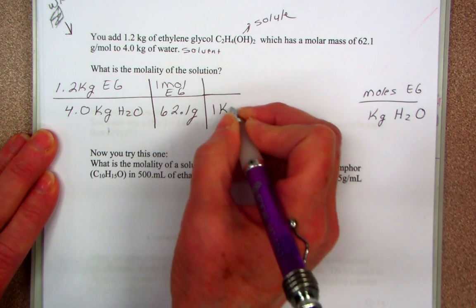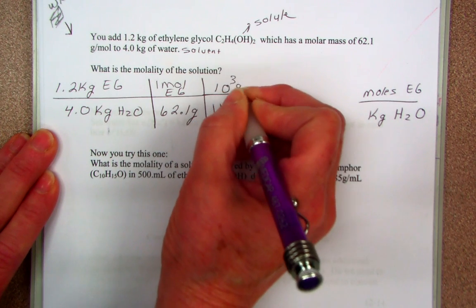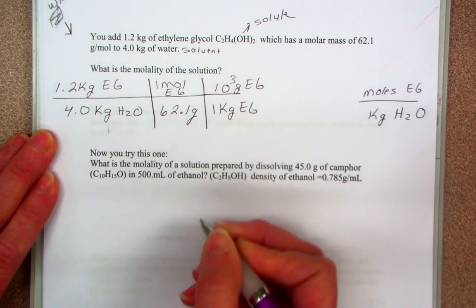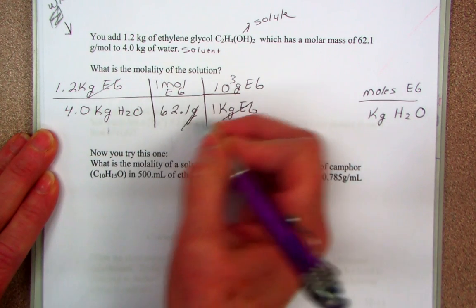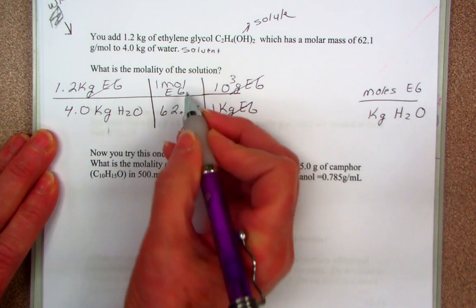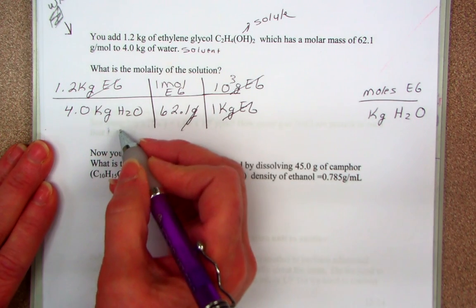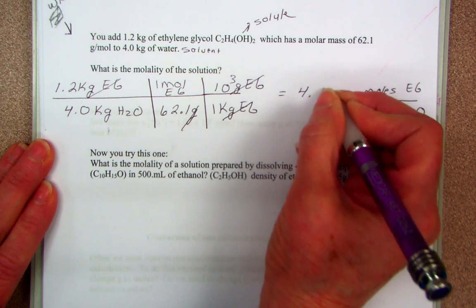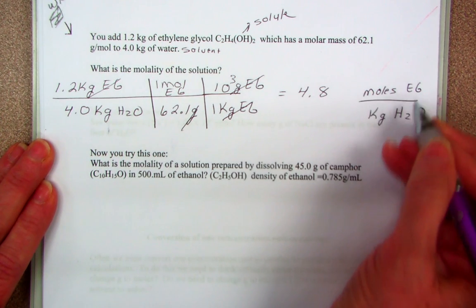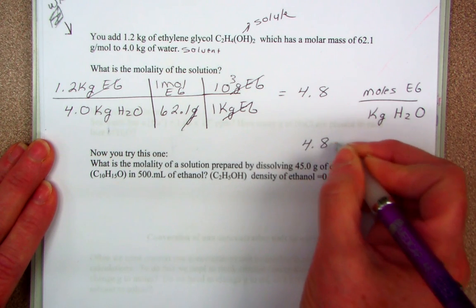So 1 kilogram of ethylene glycol is 1,000 grams of ethylene glycol. So now my kilograms of ethylene glycol cancel, my grams of ethylene glycol cancel, and I'm left with the units I want, moles of ethylene glycol per kilogram of water. And when I plug this in, I get 4.8 moles of ethylene glycol per kilogram of water, or 4.8 molal.